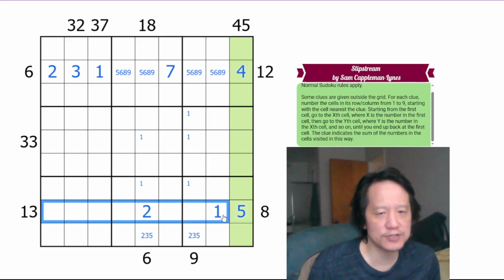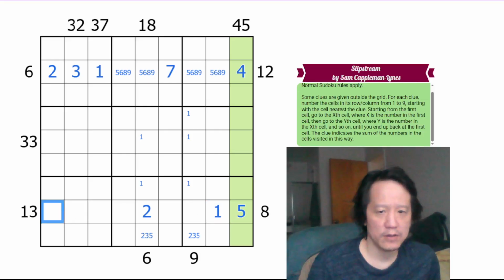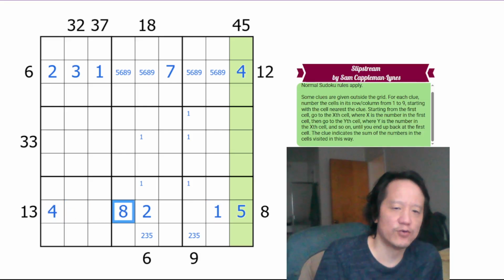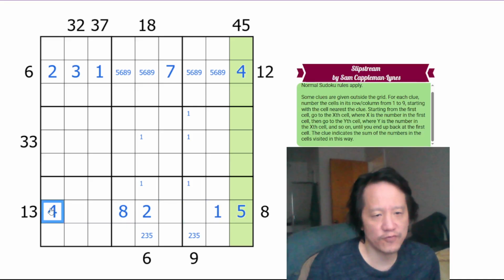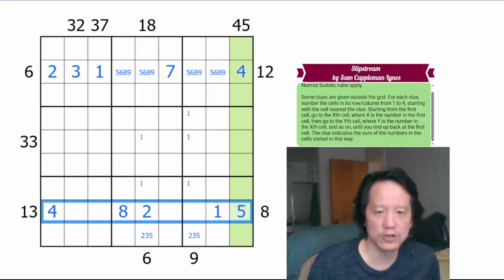What about 13? This is the 8th cell, so 8 and 1 add up to 9, so it would have to have 4. So it would have to be something like 4, 8, and 1, right? 4 says go to the 4th cell, 8 says go to the 8th cell, 1 goes back to the 1st cell. So that does work.